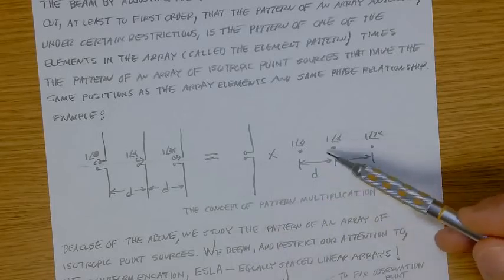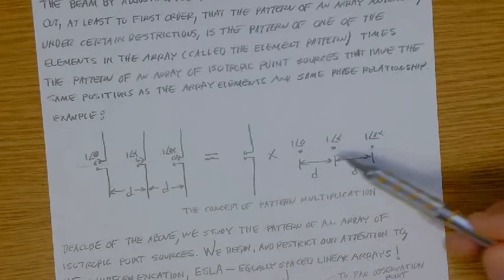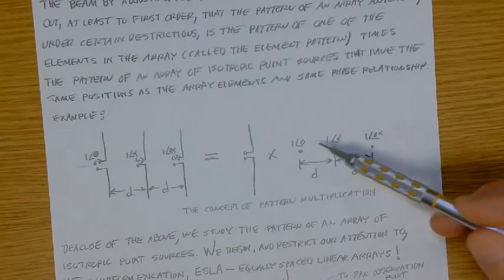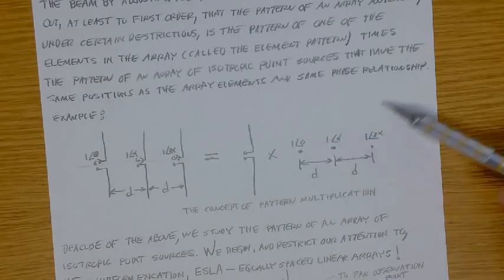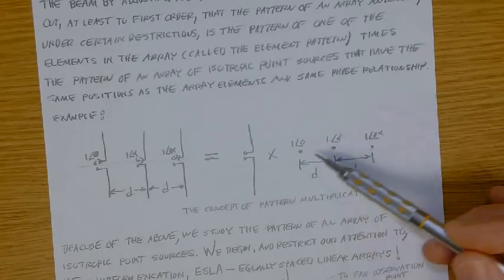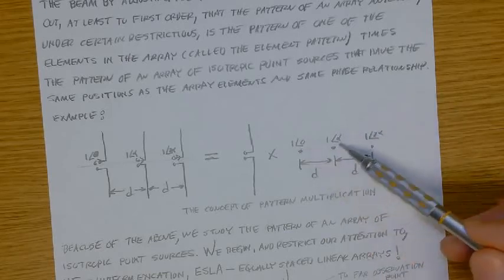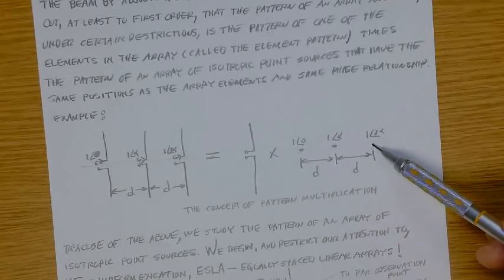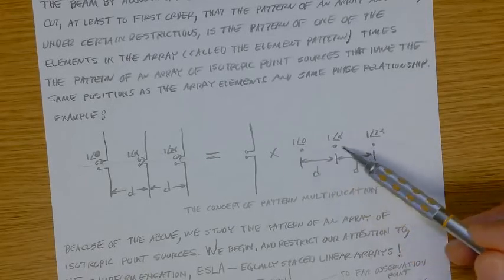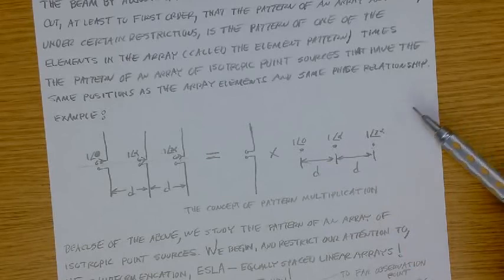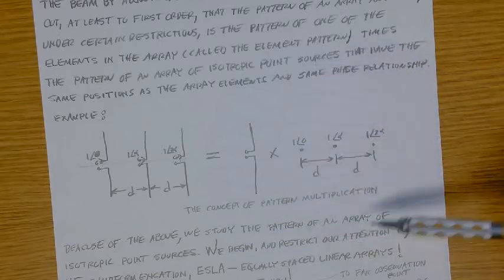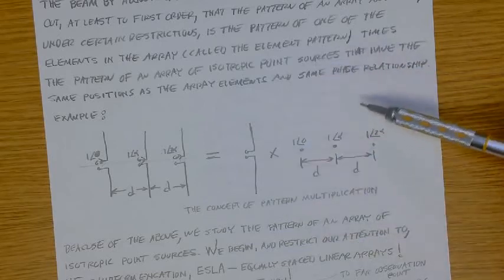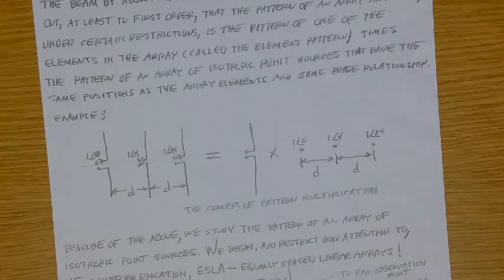But because of the spacing between these, and because there's more than one, and because of the phase shifts, in some directions the fields from these point sources are going to add constructively. In some directions, they'll add destructively. So there'll be points in space where you get a maximum, points where you get a minimum, and points where you get something in between the max and the min.